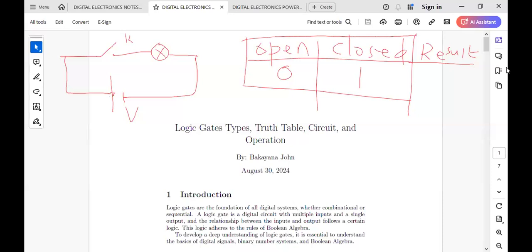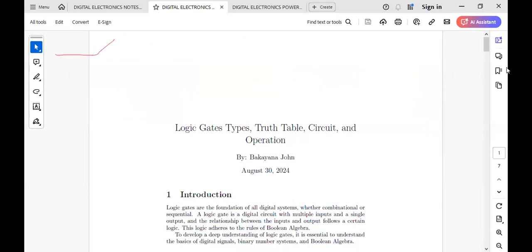When the switch is open, the bulb will be off, and when it is closed, the bulb will be on, not so? Yes. Okay, now let's go to something very interesting. That is supposing you have two switches.